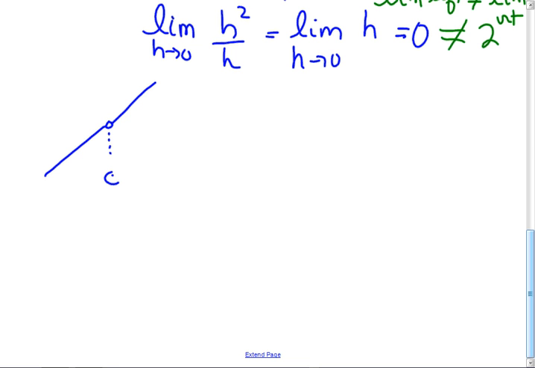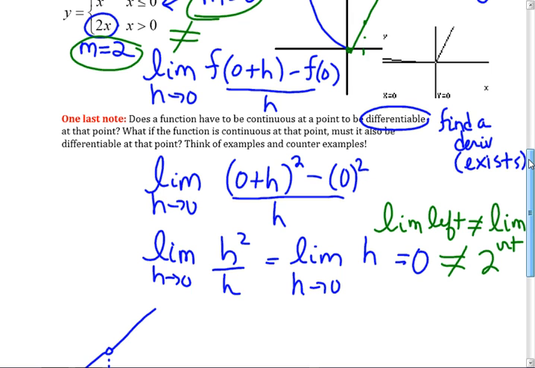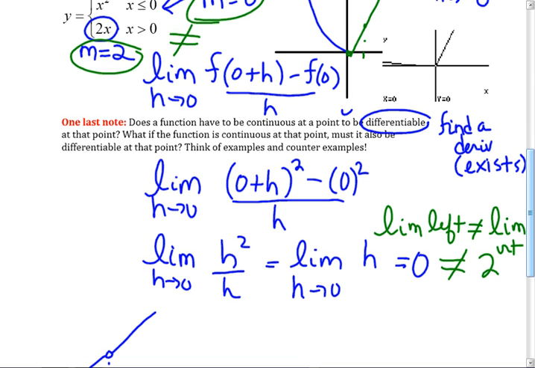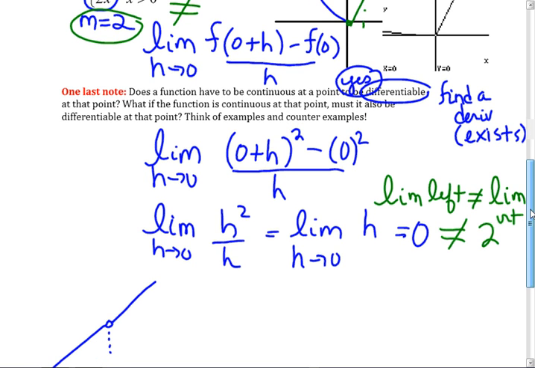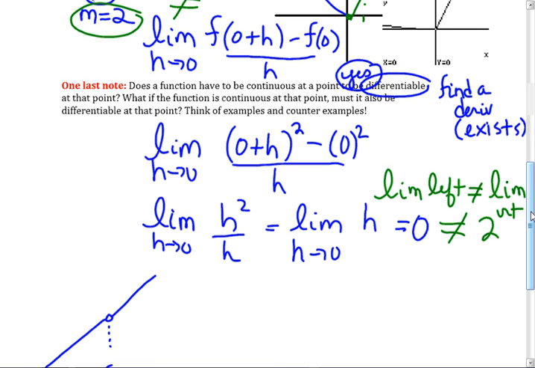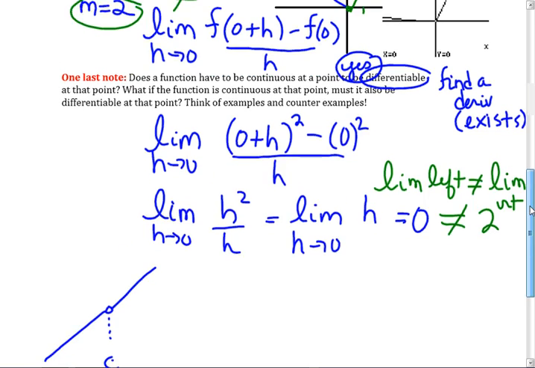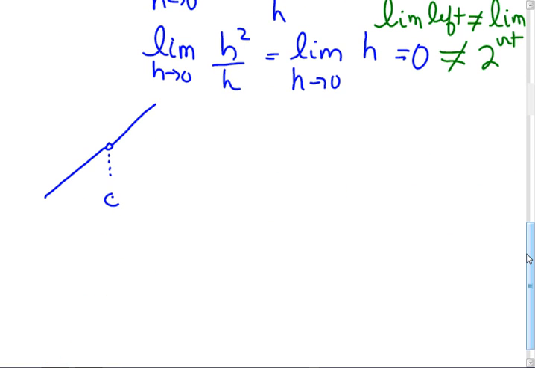The point doesn't exist. How can you find a derivative, a slope, at a point that does not exist? So the answer to that question is, does a function have to be continuous to be differentiable? Yes. But what about the reverse? What if you have a continuous function, does it have to be differentiable? Give me an example. One we just did, or a nice easy one, absolute value.